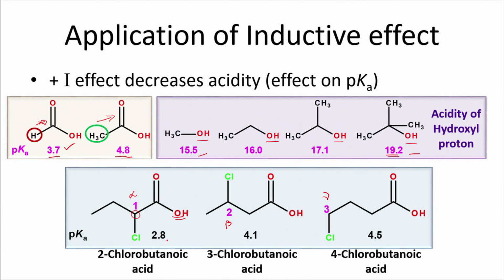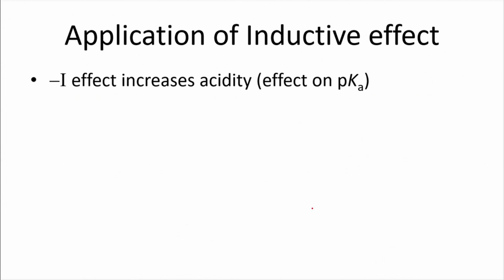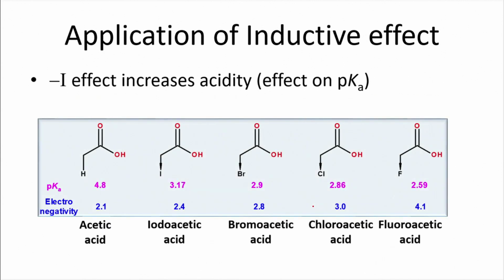This difference in acidity can also be explained using the inductive effect. 2-chlorobutanoic acid has very high acidity compared to 4-chlorobutanoic acid. This can be explained using the inductive effect, that is, the position of the halogen present at the 1, 2 or 3 position. And similarly, the minus I effect increases the acidity.